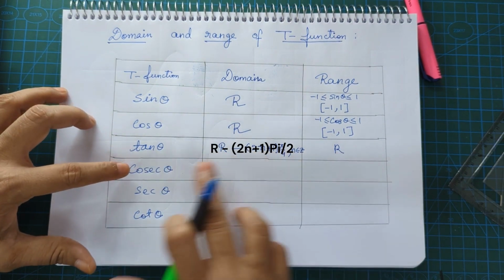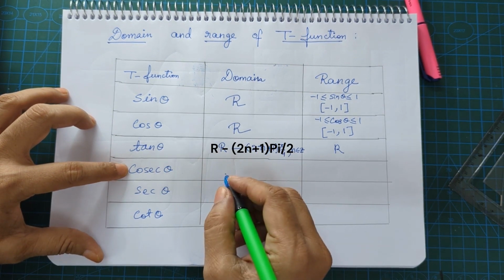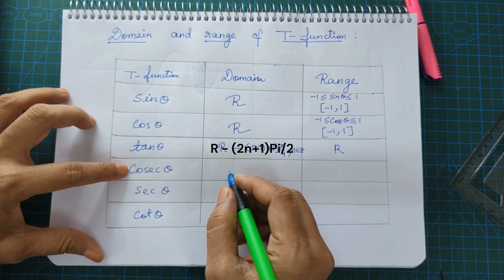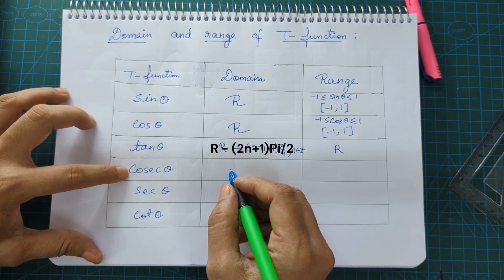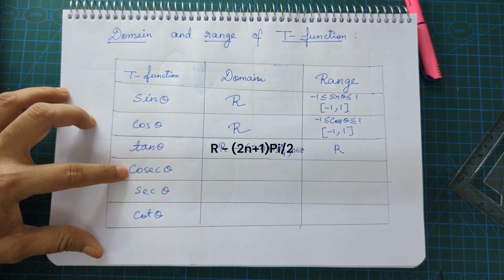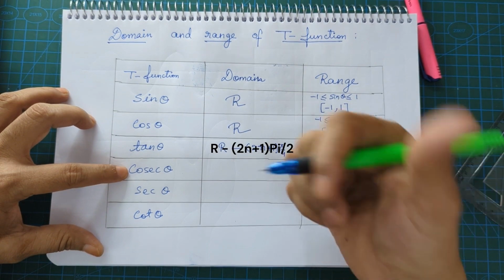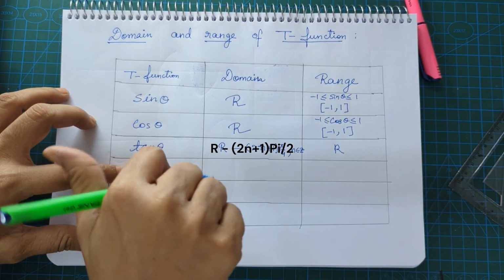Then cosec. While drawing the graph, you realized that cosec is not defined for even multiples of pi. Why? Because sine pi is 0. Like sine 0 is 0, sine 90 is 1, sine pi is also 0.